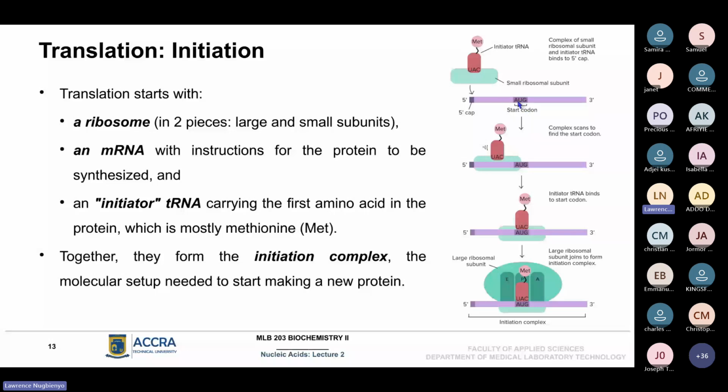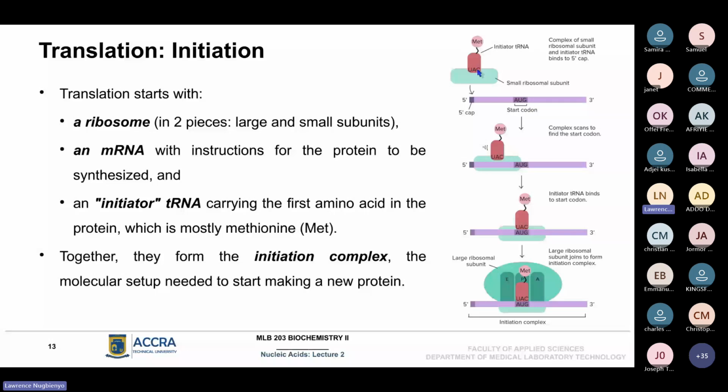That's a start codon. So you see the A is complementary to the uracil U. The U here is also complementary to the A. The C is complementary to the G. So you see that the transfer RNA is having three bases that are complementary to what is on the start codon, and that is referred to as an anticodon on the transfer RNA.